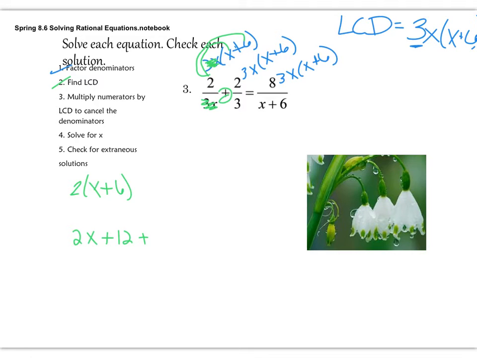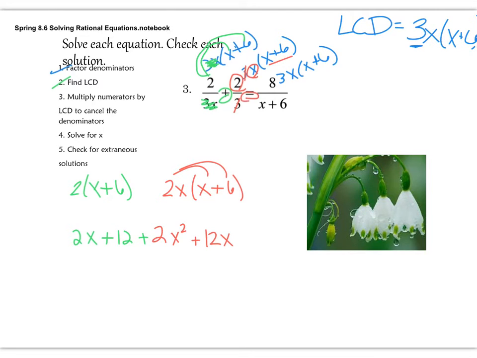And then if I look at the next part, this 3 cancels with this 3. And then I have 2 times x, which is 2x. And I have an x plus 6. So when I distribute those, I'm going to get 2x squared plus 12x.